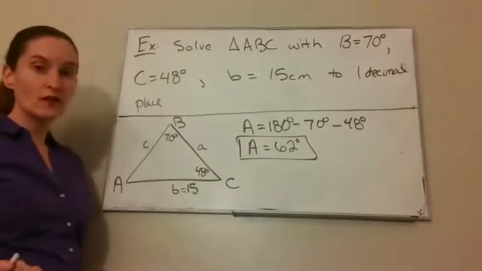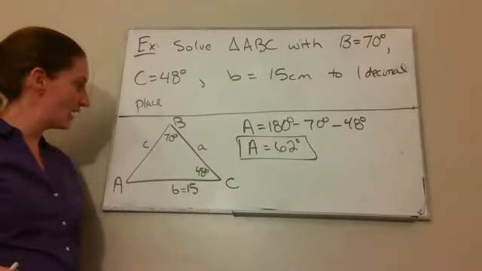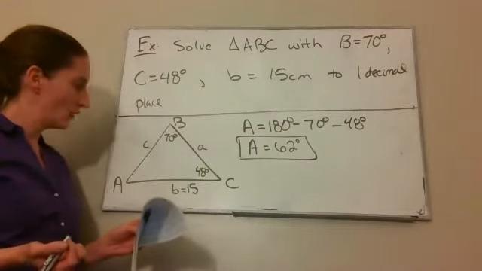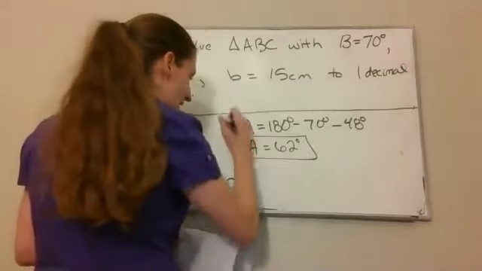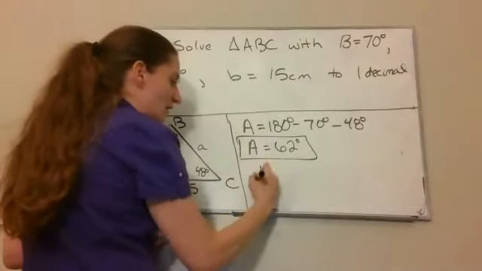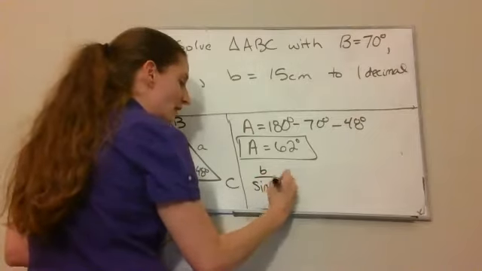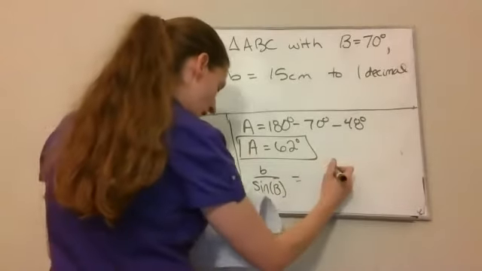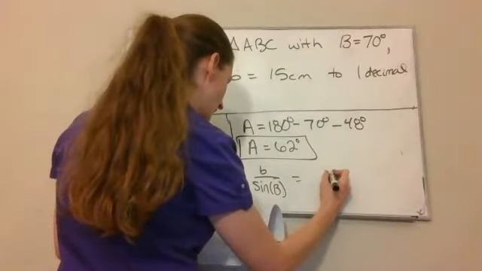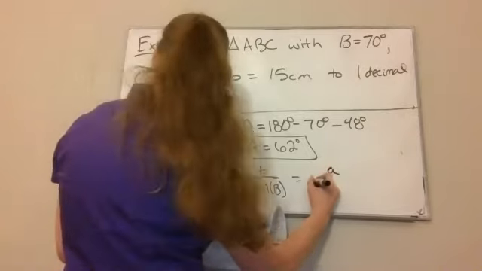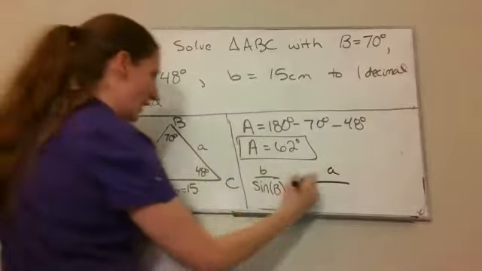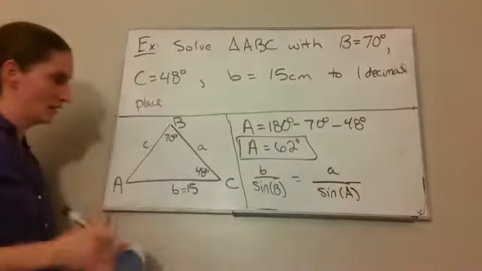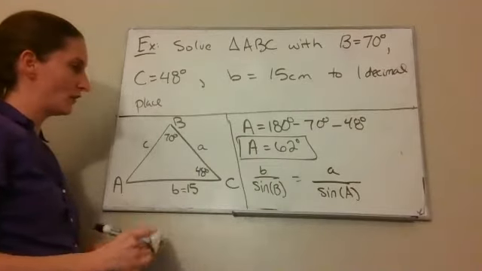Now to finish solving the triangle, I just need to find side a and side c using my law of sines. My law of sines tells me that little b over sine of angle B should be equal to little a over sine of A. So let's fill in all of the info that we know.